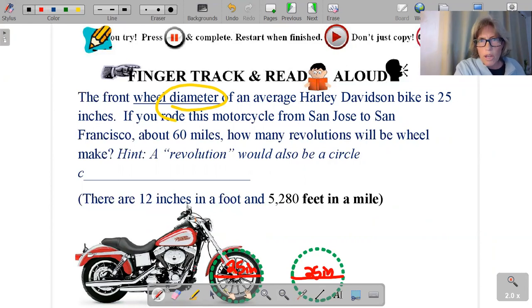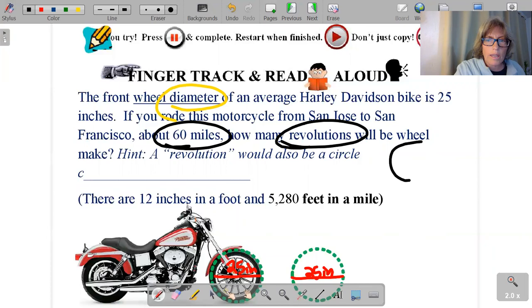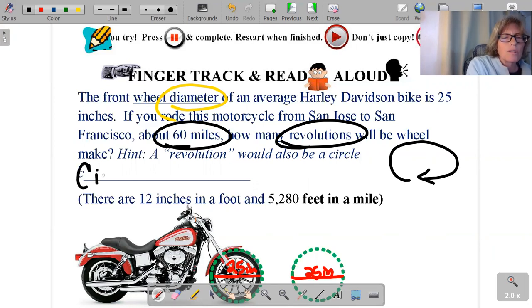If you rode this motorcycle San Jose to San Francisco about 60 miles, how many revolutions, go like this, revolutions, would it be? Keep in mind the word revolution is the same as circumference.